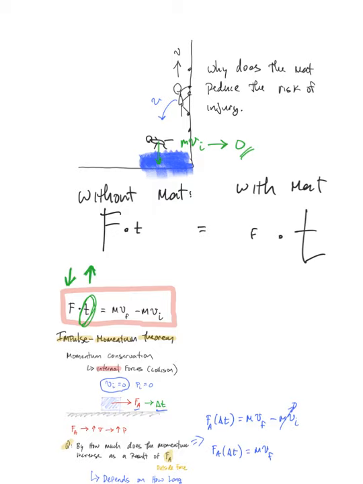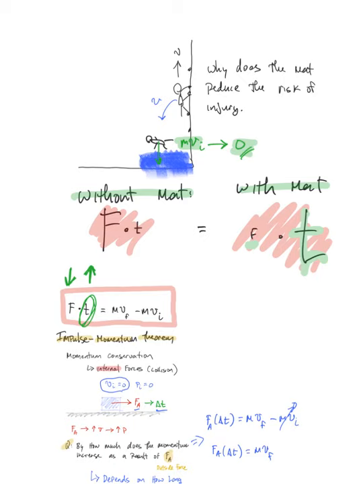So either way, with the mat or without the mat, you're going to have the same impulse. You're going to go from some mv initial down to 0. What the mat does is cause this time to increase, thereby decreasing the force so that it doesn't hurt so much. So the mat increases the time of impact to decrease the force of impact.